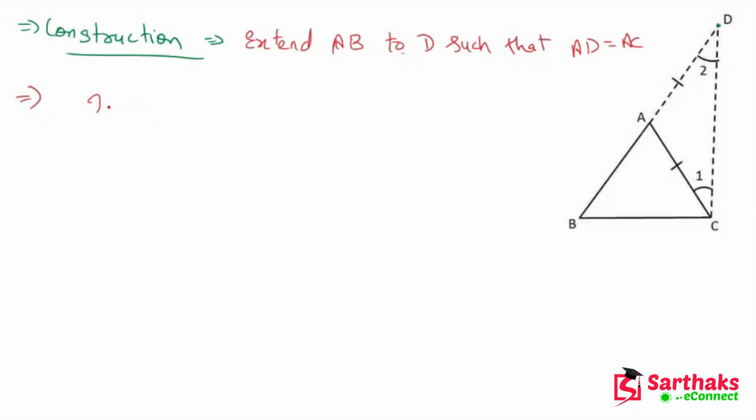Now in triangle ACD, AD is equal to AC by construction.